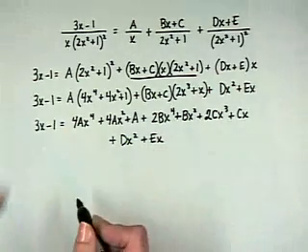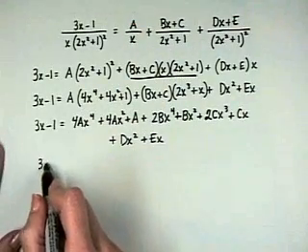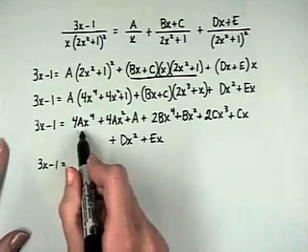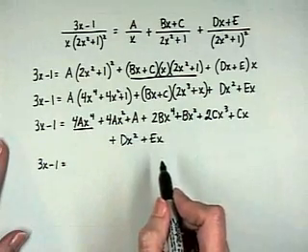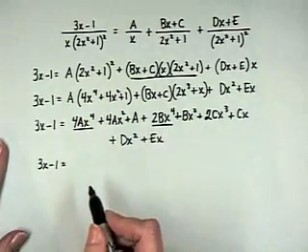Now at this point, what we're going to do is to equate exponents. In order to do that, we need to look for the like terms so that we can put those terms together. We have 3x minus 1 equals, we have a 4ax to the fourth and a 2bx to the fourth.